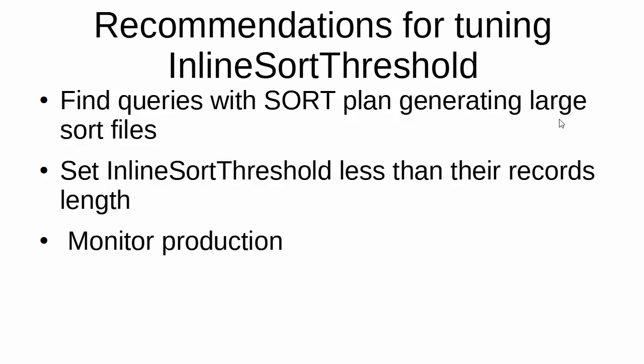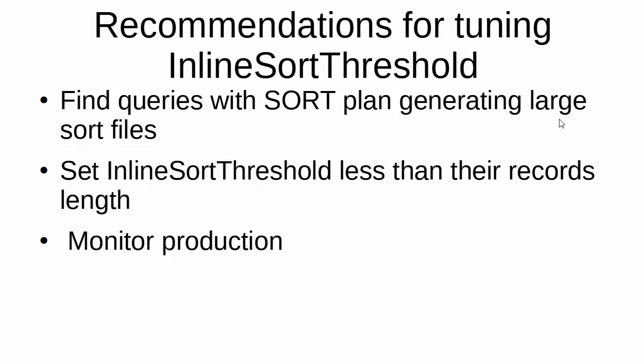After that, you need to monitor production to see if these queries become faster and if it does not affect other queries, because this inline sort threshold will be applied to all sorting operations.